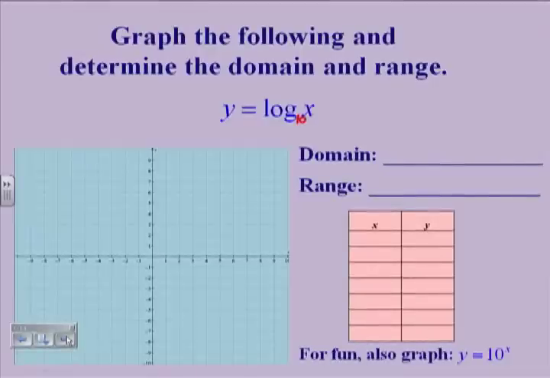Base 10, also called common logs, and that's what those of us that are dinosaurs used to use to do our really big, nasty calculations. The kinds of things that you grab your calculator for today, I grabbed my common log tables. Okay, so we're going to graph this.